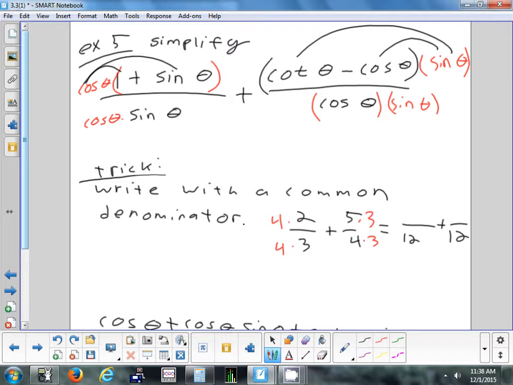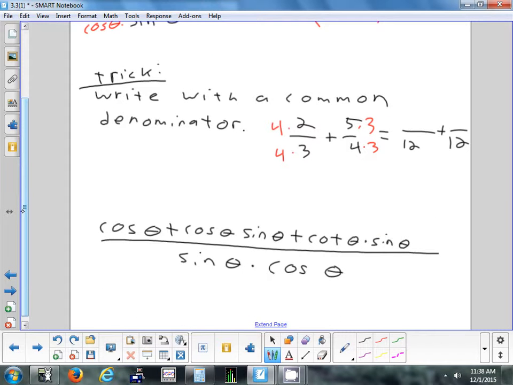So it's minus cosine times sine. I had a positive cosine sine and a negative cosine sine. That's all gone. Any questions why that canceled out?